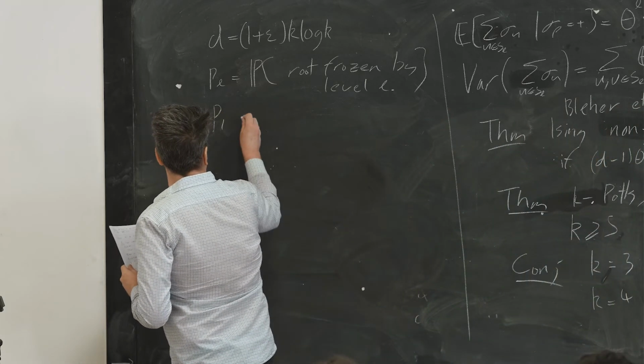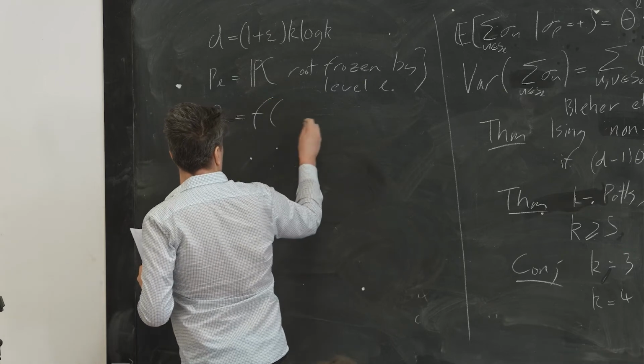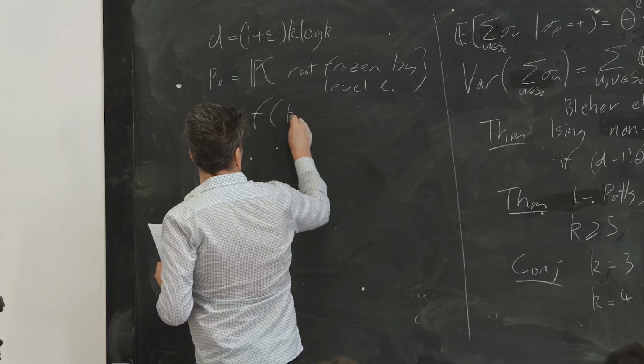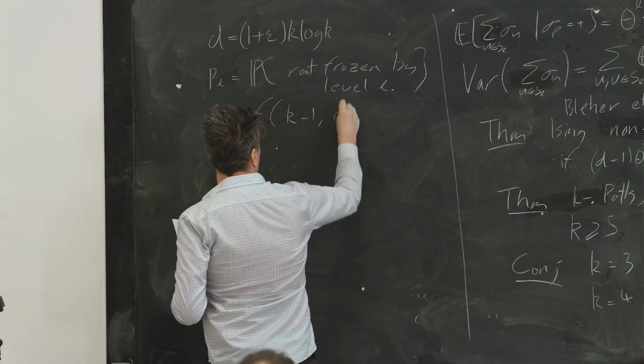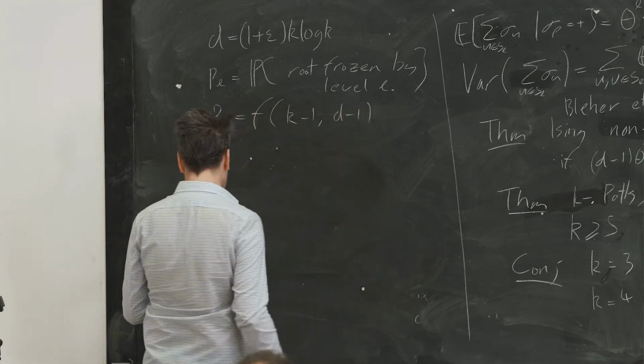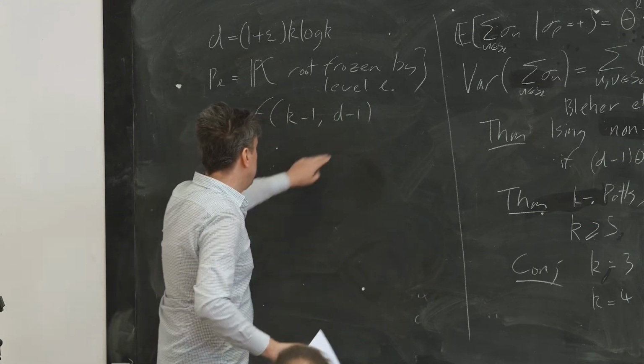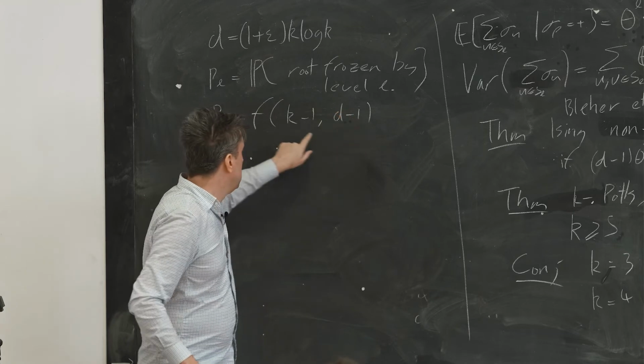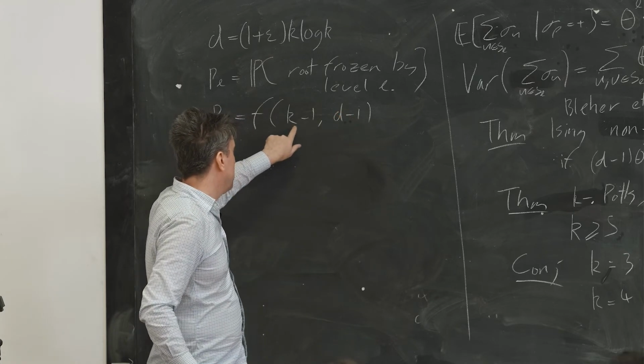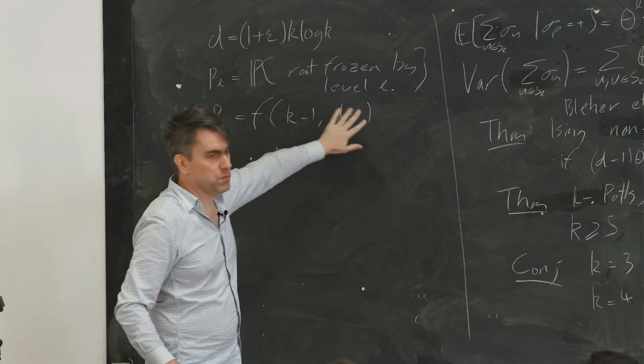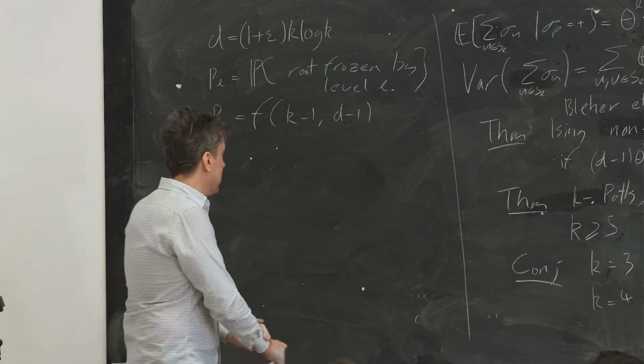So P_1 is just f of k minus 1, d minus 1. So I have d minus 1 children, and each of them is a sample from k minus 1 colors, and I want them all to appear, and then I can exactly work it out.